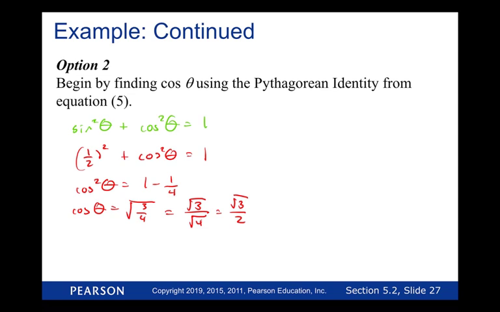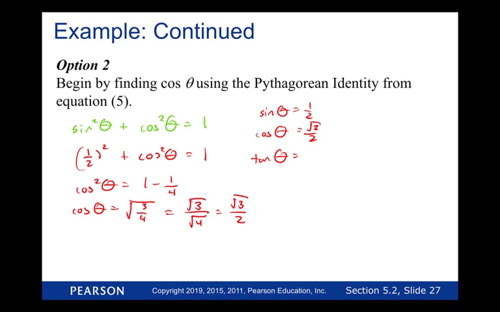Okay, you all can switch out. Thank you. So we said sine of theta is a half. Cosine of theta, we just said, was the square root of 3 over 2. So that means that tan of theta, as a recall, tan is what over what again?